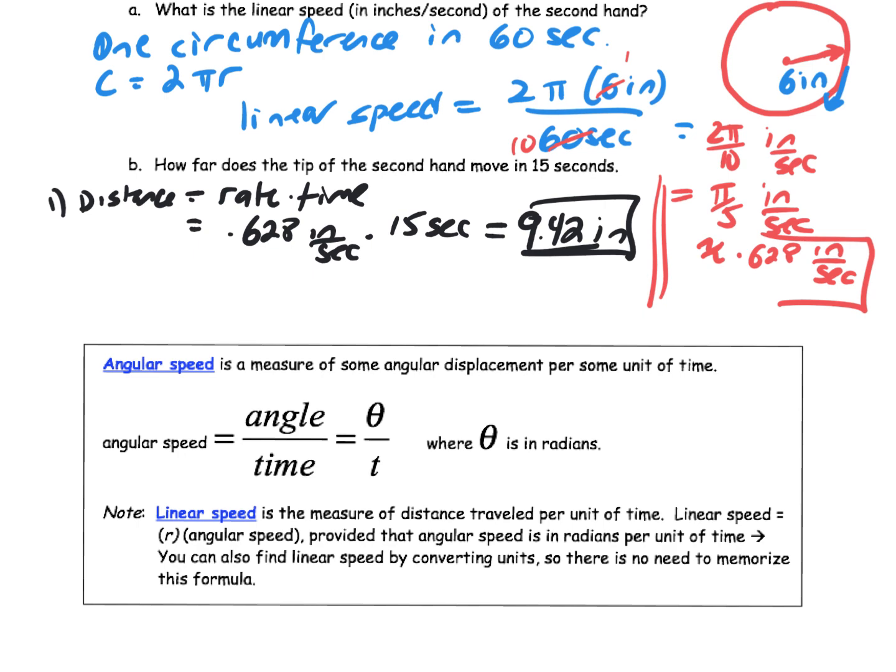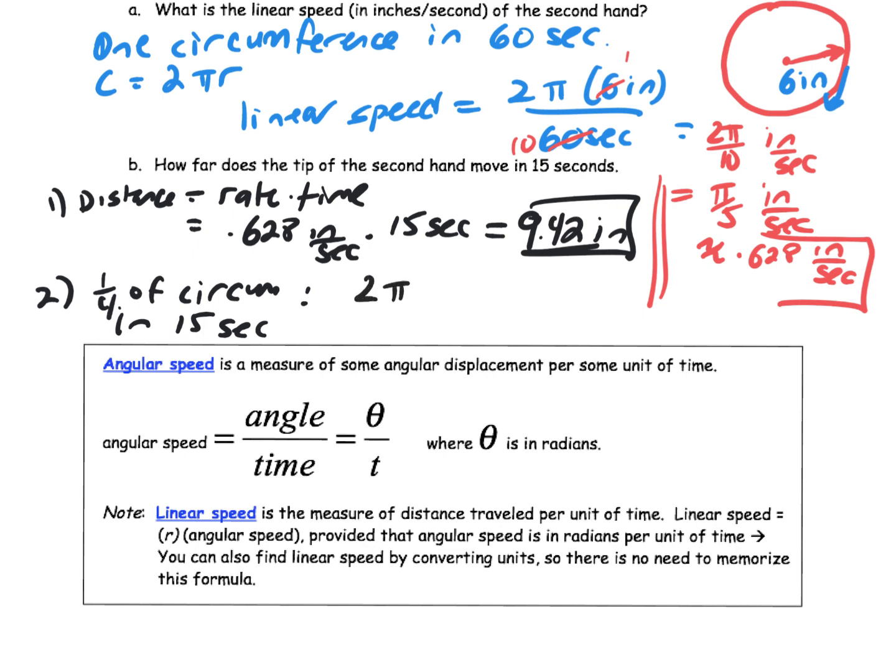An alternative way to do this is if we hadn't just calculated the linear speed, we could simply say that the second hand in 15 seconds travels 1/4 of the circumference. So we can figure out the circumference and divide it by 4. So we would have the circumference 2 pi r.